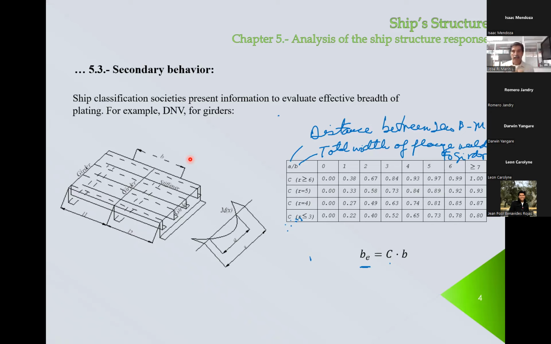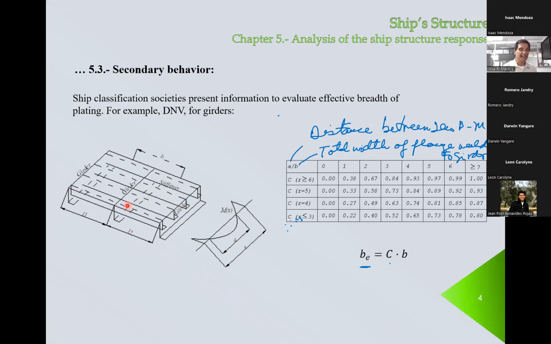And R, does anybody remember what R is? The number of stiffeners. Exactly, the number of stiffeners. When R is larger than 6, that means you have a large number of stiffeners, and this is probably very close to the assumption made by Shady.